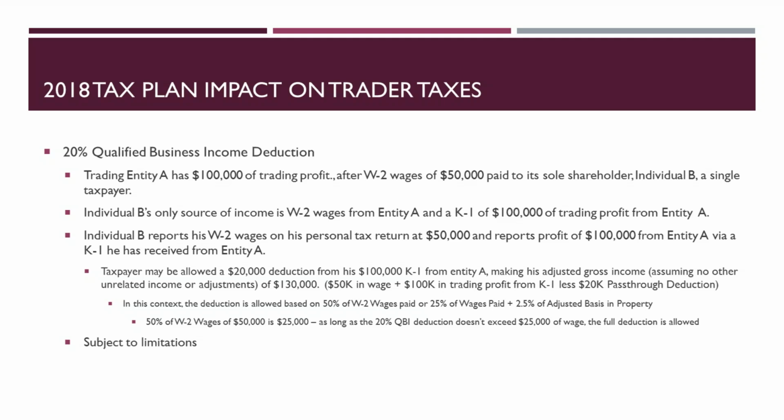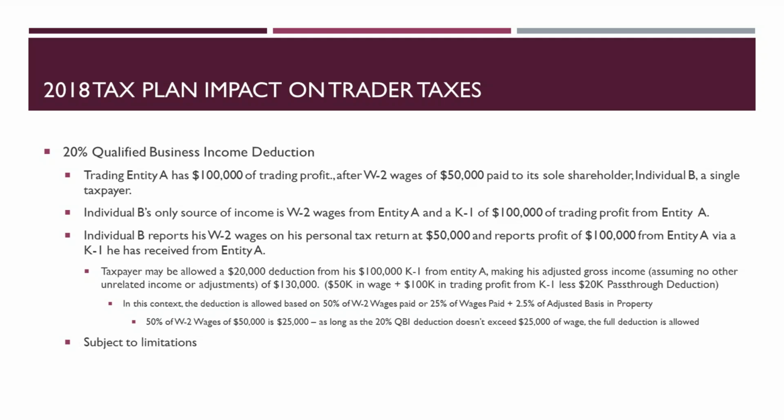Individual B reports his W-2 wages on his personal tax return, and reports profit of $100,000 via the K-1 that was received. So the way the 20% deduction works is, for the actual profit from the K-1, the IRS has allowed a deduction of 20% of that K-1 profit off of the taxpayer's adjusted gross income. In this situation, 20% of the $100,000 trading K-1 is going to be $20,000.